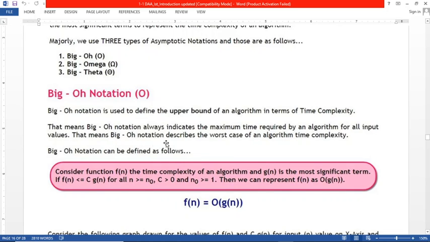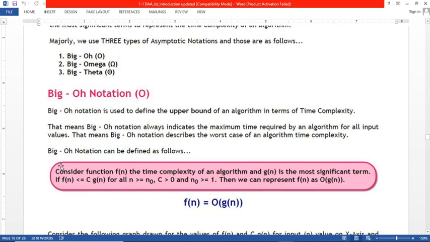That means big O notation describes the worst case of an algorithm's time complexity. So whenever we get big O notation, that is the worst case of the algorithm, and every time it will take the maximum time.